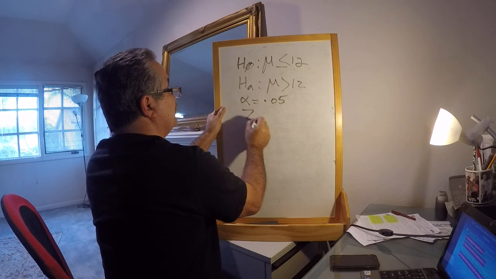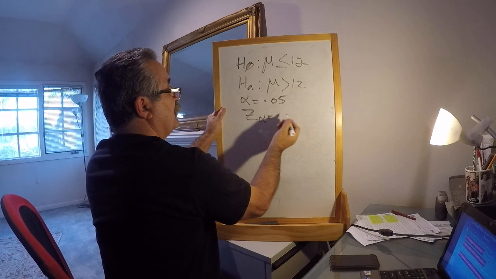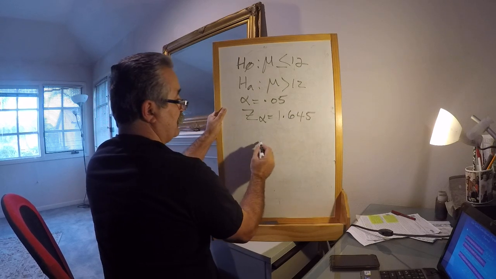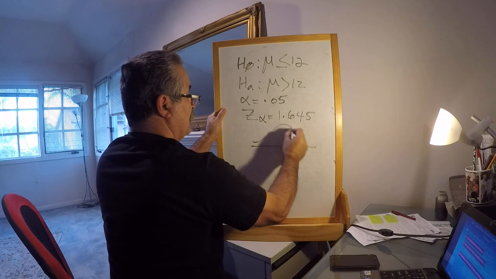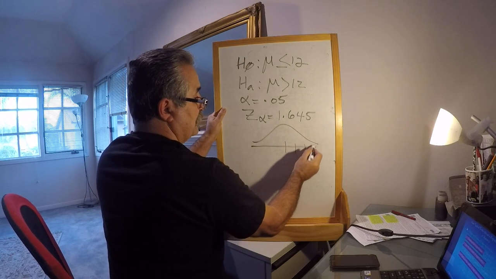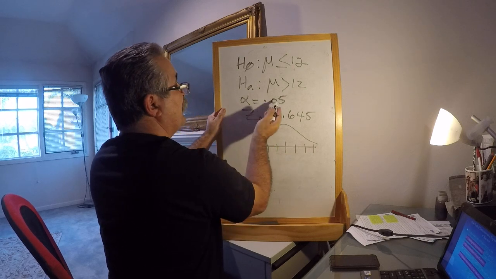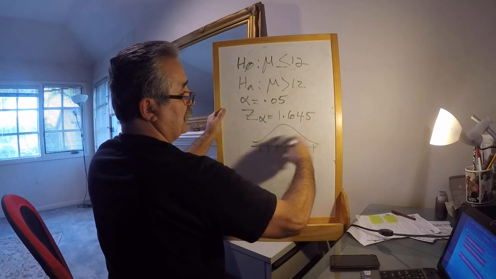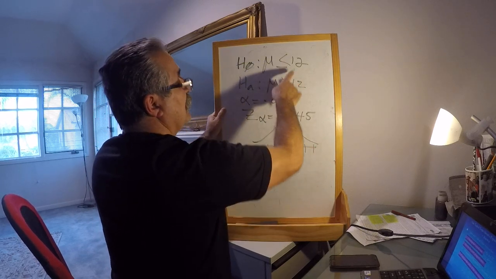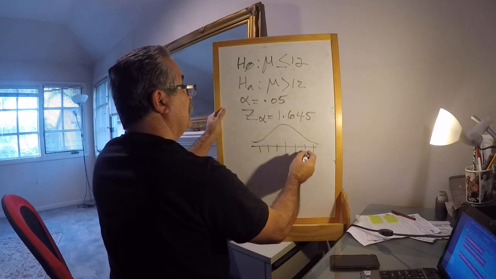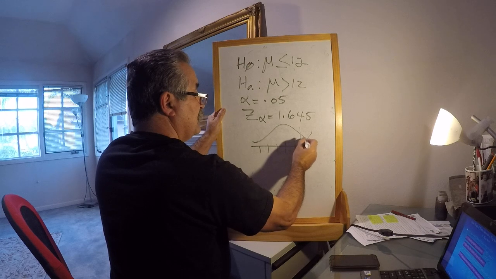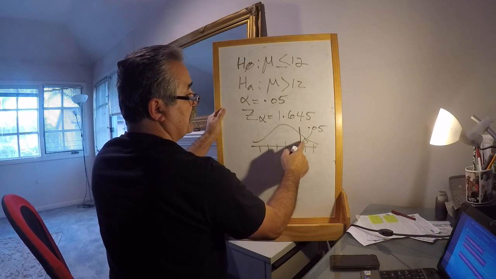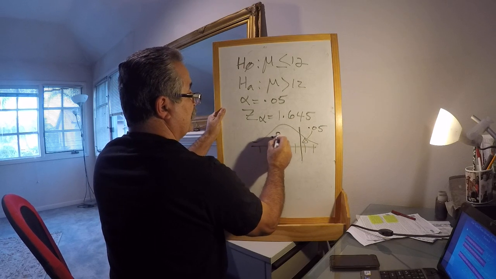Now, z of the alpha is equal to 1.645. If you want to know why 1.645: alpha is equal to 0.05, this is one tail, upper tail, that means the alpha is on this side. Right here is 0.05, and then this right here is 0.95.